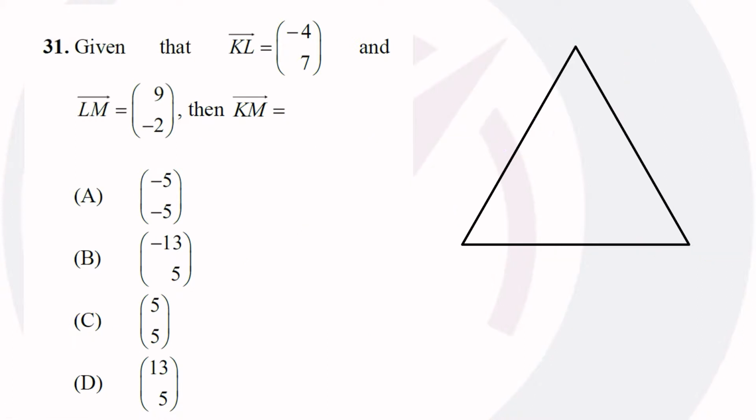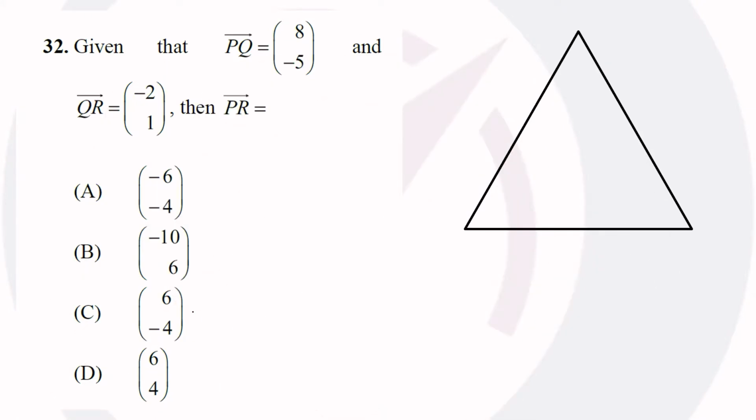Alright, let's look at number 32. We're given the vector PQ, so starting at P. These are examples of displacement vectors. That means they can start anywhere in the coordinate plane, as opposed to position vectors, which start at the origin O in the coordinate plane.